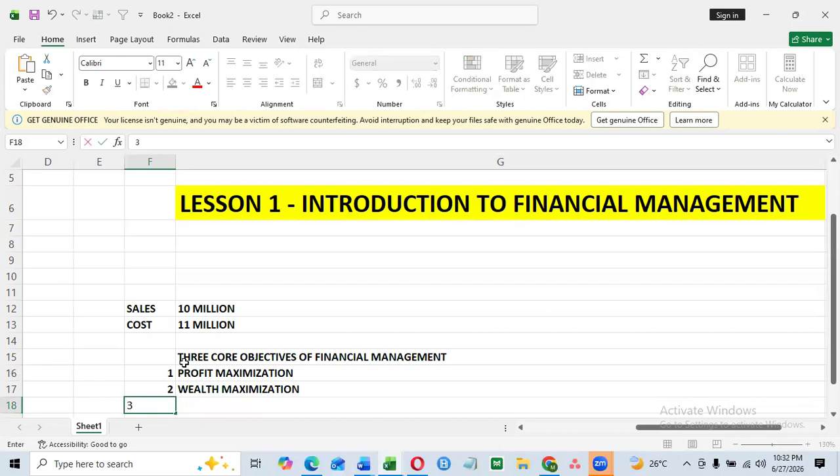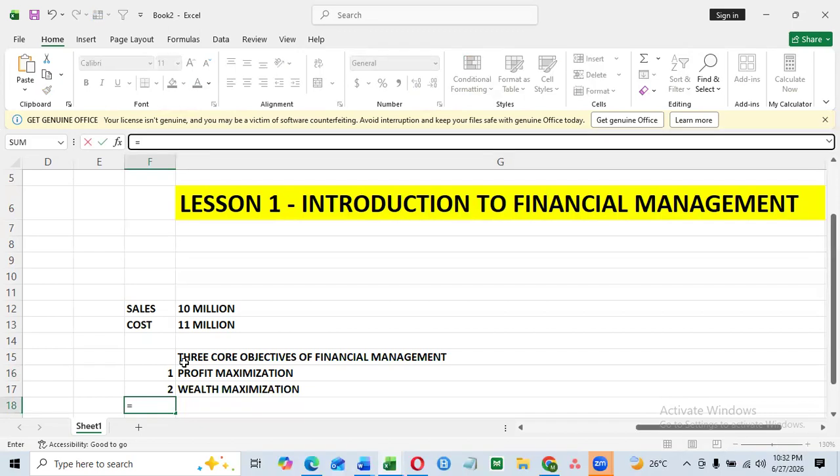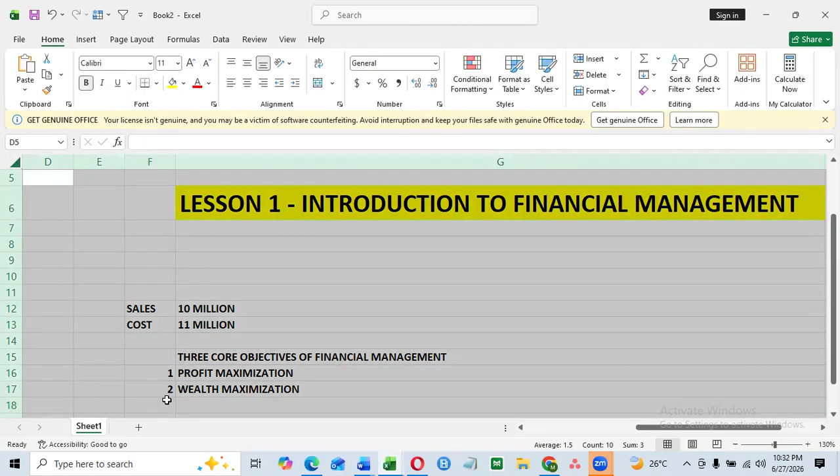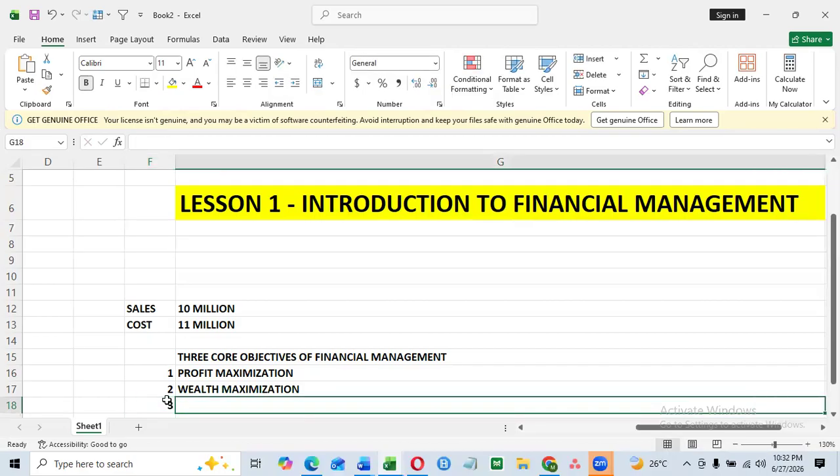The third objective is liquidity maximization. In fact, call it liquidity management. Liquidity management is all about ensuring the business always has enough cash to meet its obligations.